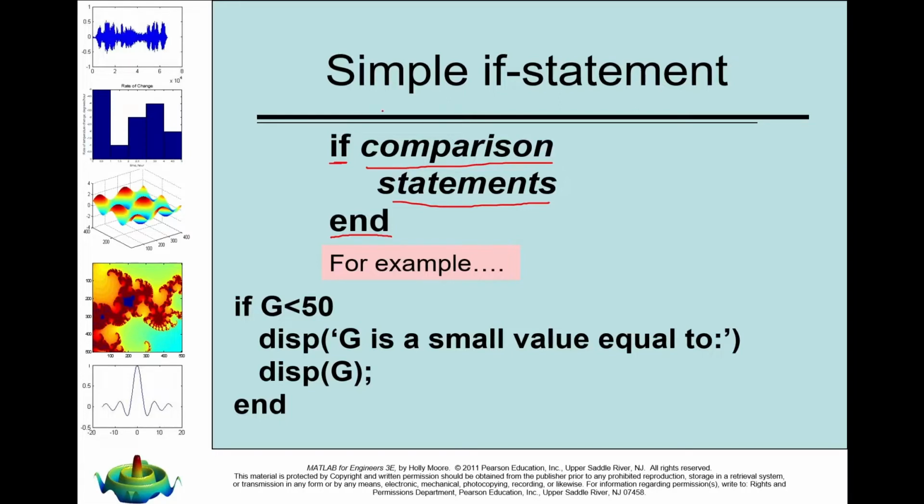For a simple if statement, if the comparison, which is a logical expression, is true, the statements between the if statement and the end statement are executed. If the comparison is false, the program jumps immediately to the statement following end.